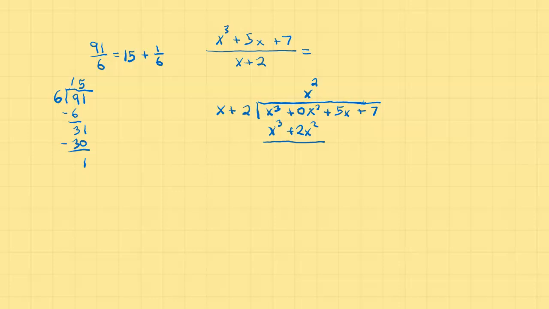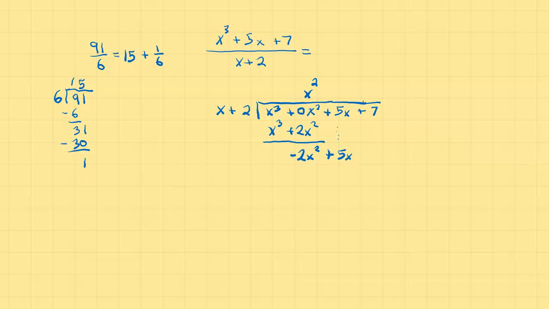Now, let's go on to the x squared terms. Well, we have 0x squared minus 2x squared. So that's going to come out to be negative 2x squared. And I'm going to bring down the 5x. I'm going to put plus 5x. Okay, good. So that's one cycle. We're going to do more. Now we look at the x up here in the x plus 2. Ask ourselves, how many times does x go into negative 2x squared?